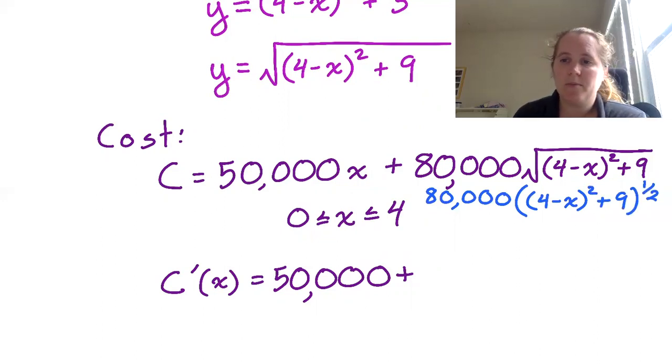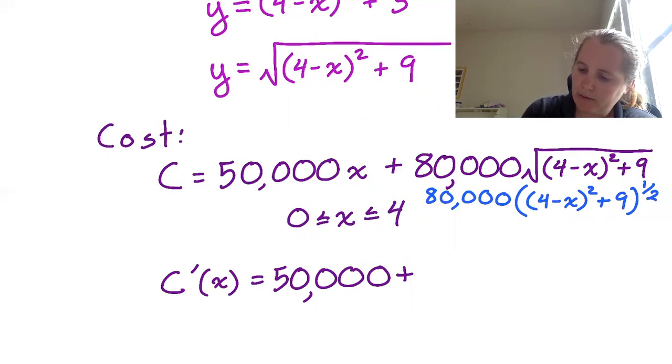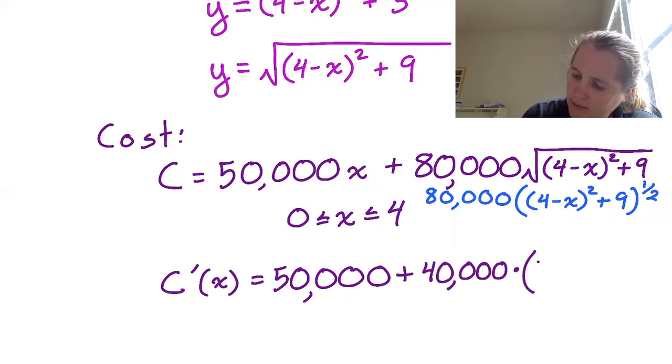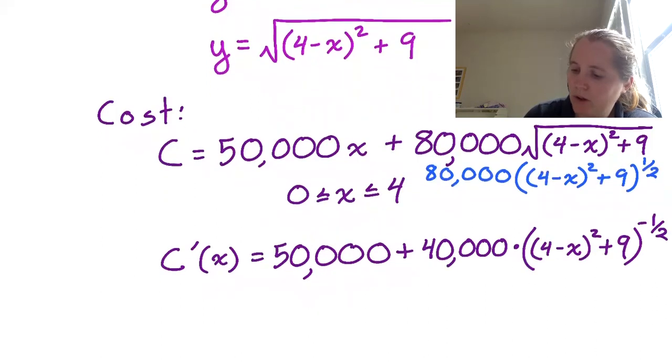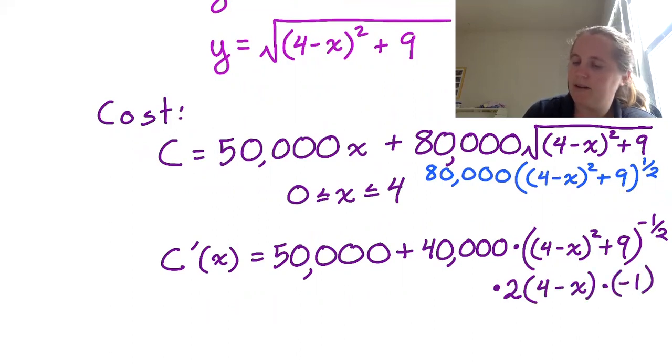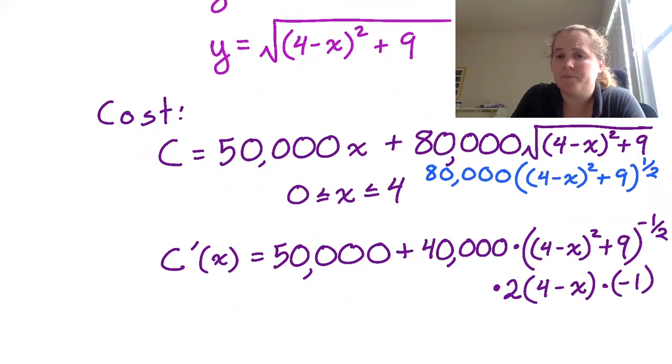So if we multiply by a 1/2 out front, we would have 40,000 times (4 minus X) squared plus 9 raised to the negative 1/2. And then we would have to multiply by 2 times (4 minus X) and then times negative 1 to have all of our chain rule.